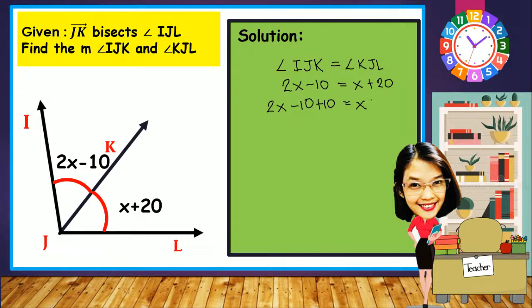So, let's copy x plus 20. Anong ginawa? We add 10. Therefore, we should also add 10. So mawawala na siya doon. Ano yung natira? 2x. And then in here, there's no other x aside from x. And 20 plus 10 is 30.